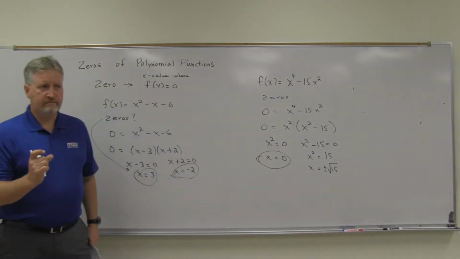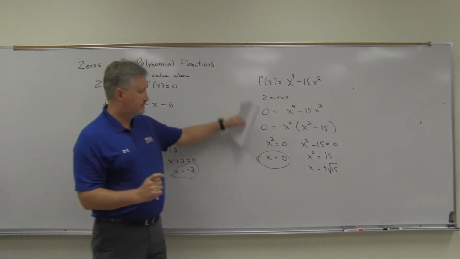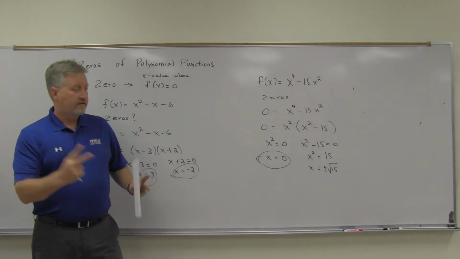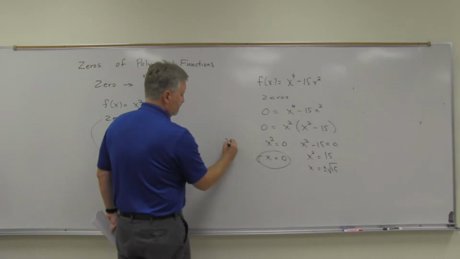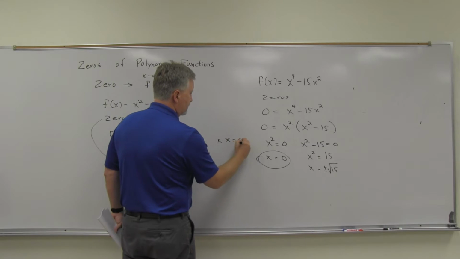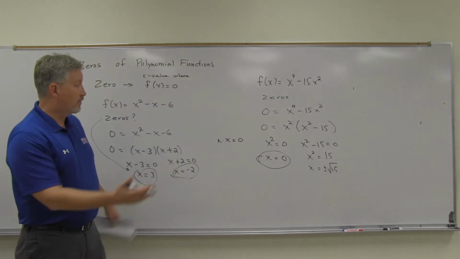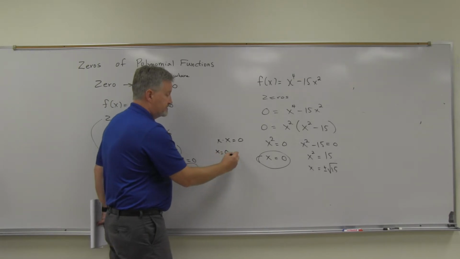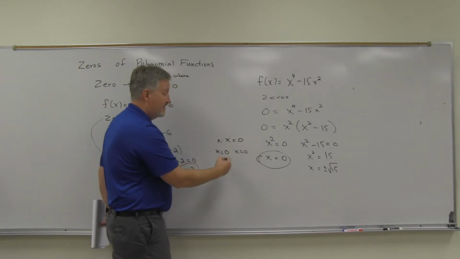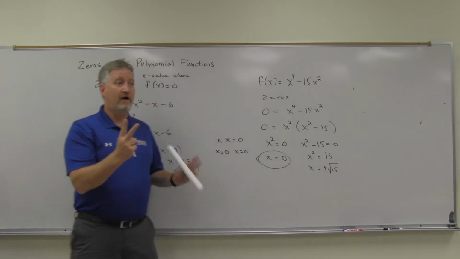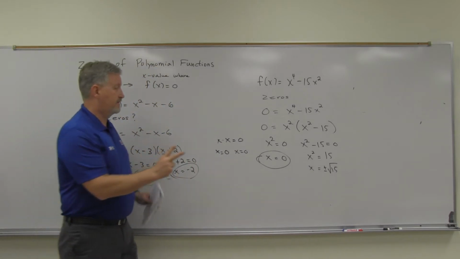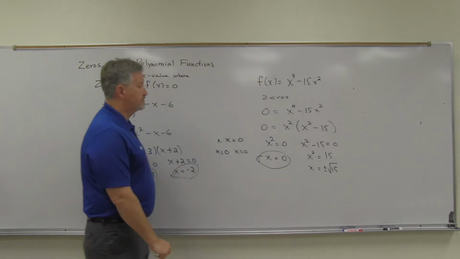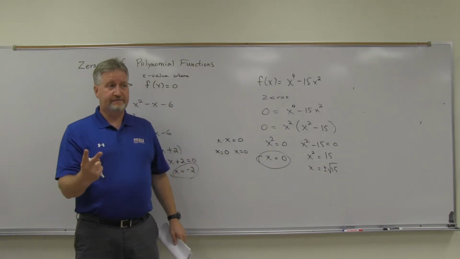Because technically, that 0 occurs twice, doesn't it? Because it's x squared equals 0. You can think of it as the square root of 0, or you can think of it as x squared, so it's x times x, and if I set both of those equal to 0, there's two of those. So this 0 is a little different than these zeros because it occurs twice.